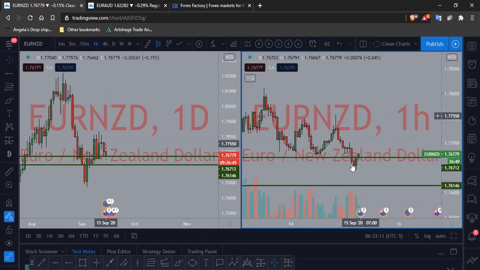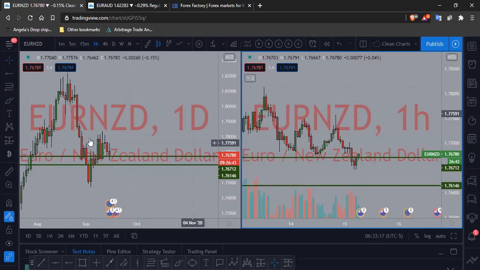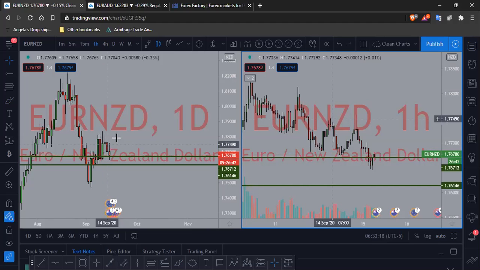So EURNZD is still at this zone, so I'm still mostly bullish on it. But I do see that this, I mean, it's not necessarily a doji. If it was a little higher, it would be more of a doji, but I'm getting doji vibes right there. So that could have been the reversal where price is starting to drop, but still waiting to see how these candles are going to play out because price can still end up going bullish.